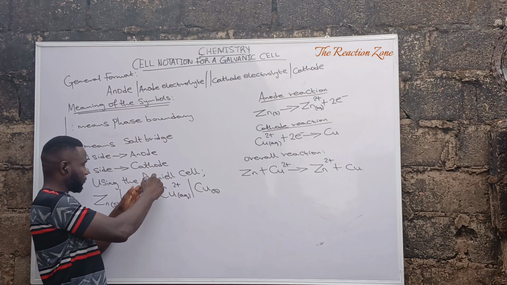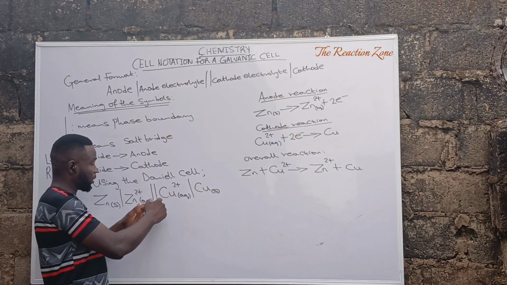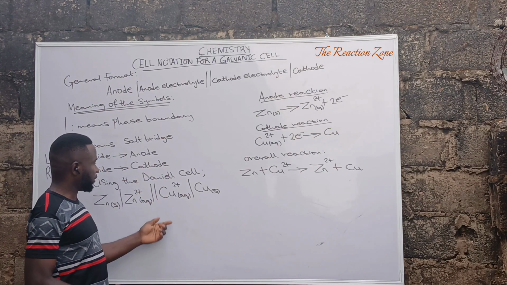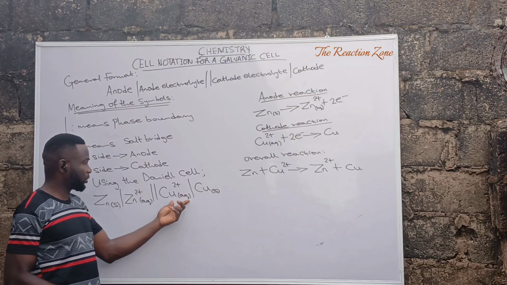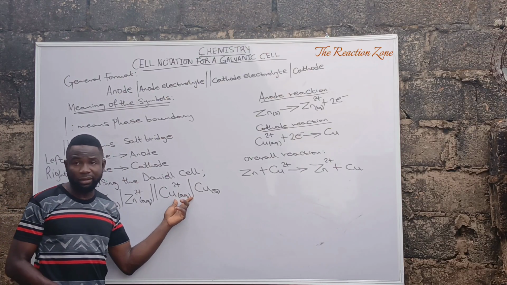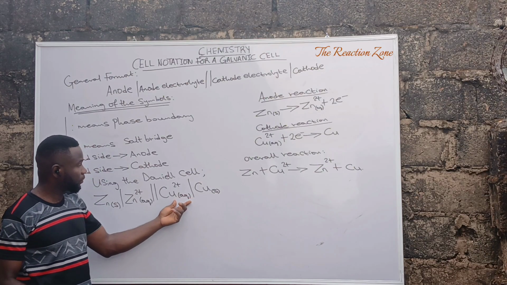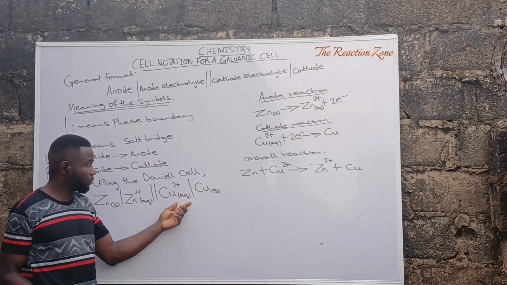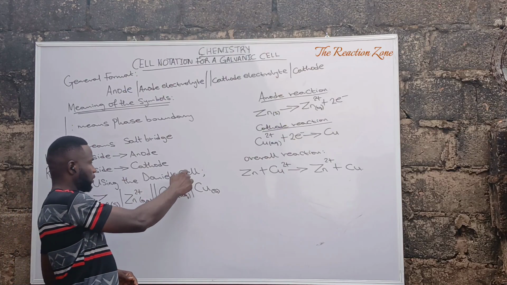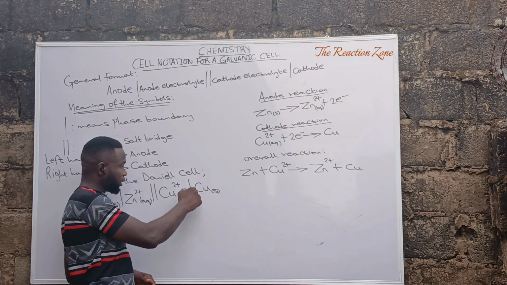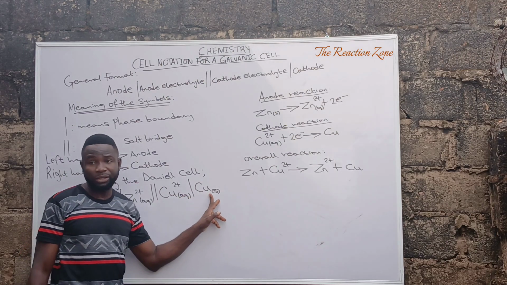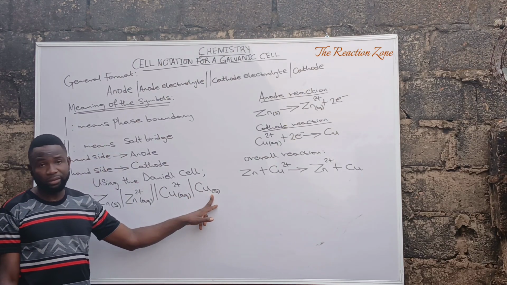And then you have the double vertical line here representing the salt bridge, and then aqueous Cu2+ here represents the electrolyte in the cathode half cell, and that electrolyte is CuSO4, which contains Cu2+. This is another phase boundary, and then copper here represents the copper rod or the copper electrode.